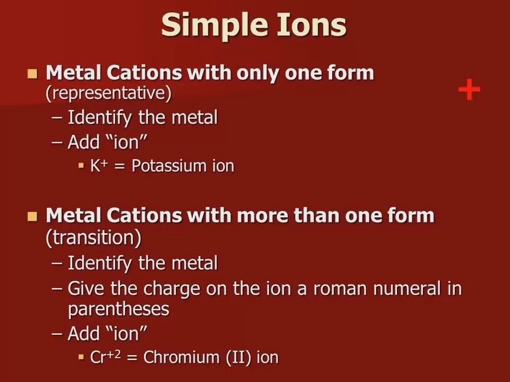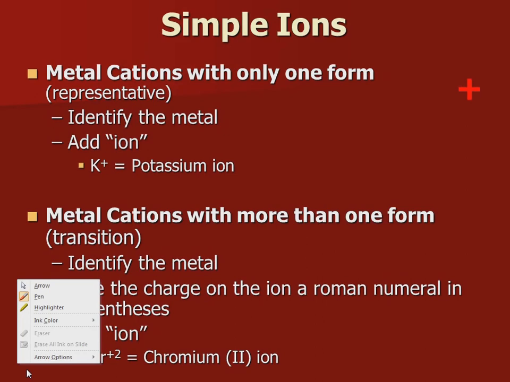It gets a little bit more confusing when we have these cations that have multiple forms, and the transitions can do this based upon how many electrons they have donated to a reaction. And the way we know this is because of the Roman numeral that is present.